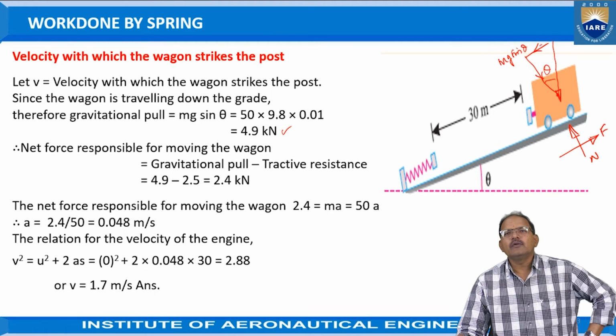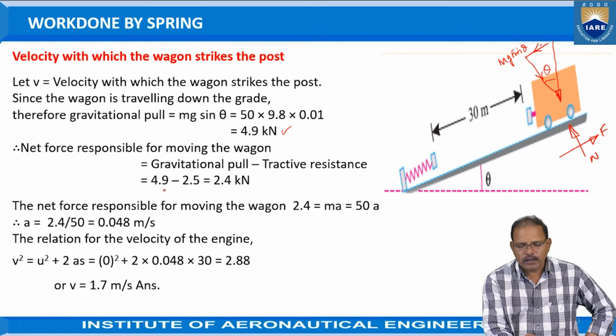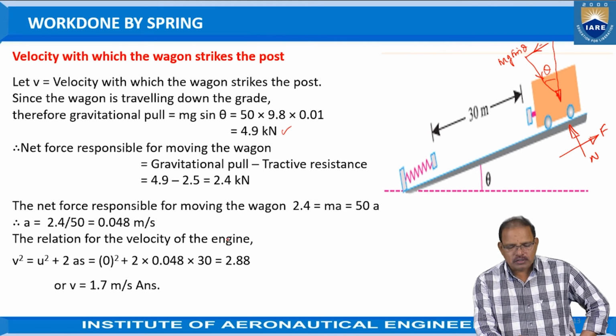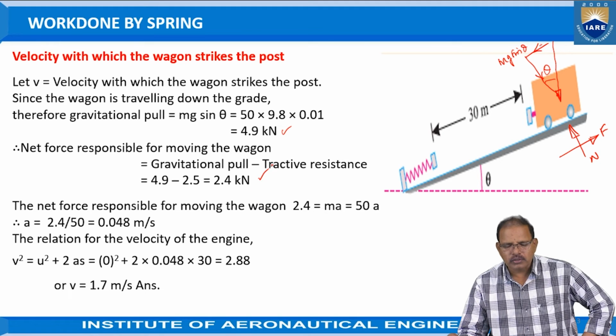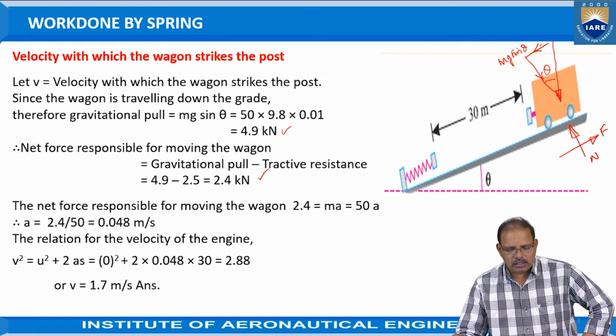Hence, the total force responsible for moving the body down the plane is the resultant of the sliding force and the tractive resistance, which is 4.9 representing the gravitational pull and 2.5 representing the resistance force. So it is equal to 2.4 kilonewtons, acting in the downward direction. It is responsible for moving the body down the incline.